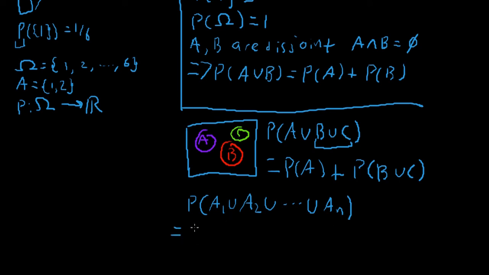Well, then that should just be the sum by induction of the probabilities of the Ai's as i goes from 1 to n. And this is even true for infinitely many sets, but we're not dealing with that right now. We're just talking about finite sample spaces. So these are the basic laws of probability that you have to know so we can play the game in this course.